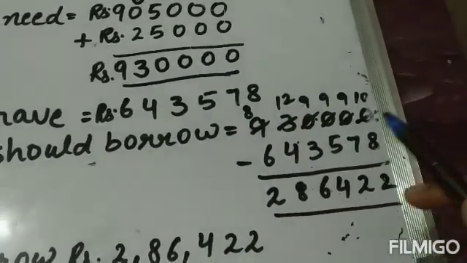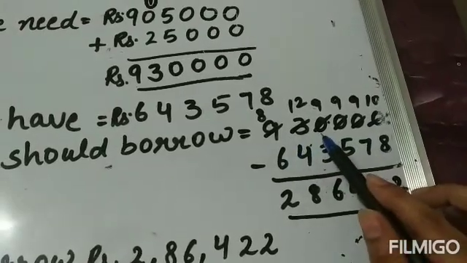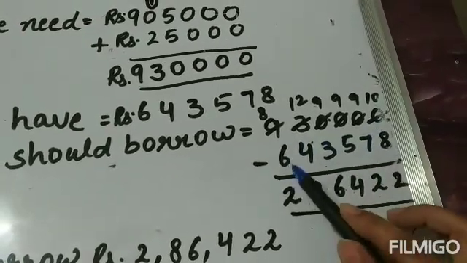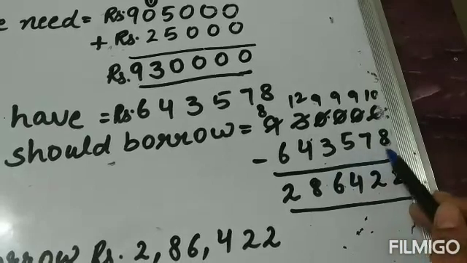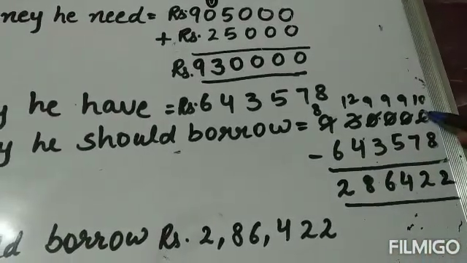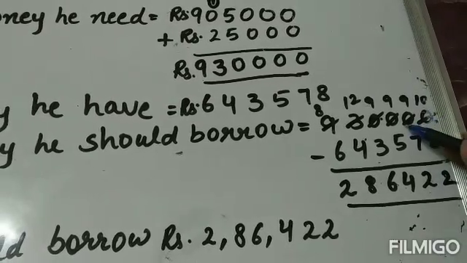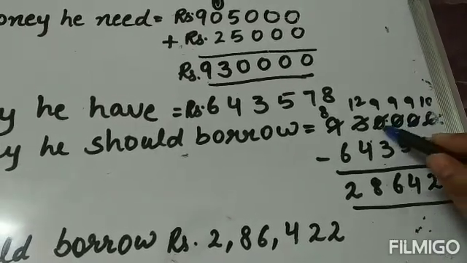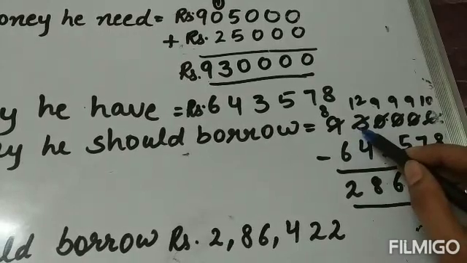See how to subtract it. 9,30,000 minus 6,43,578. 0 will borrow, so this will become 10, this will become 9, 9, 9 and this will become 2.